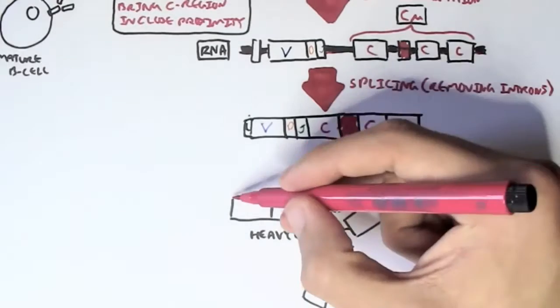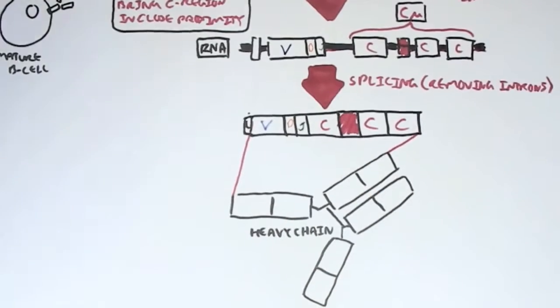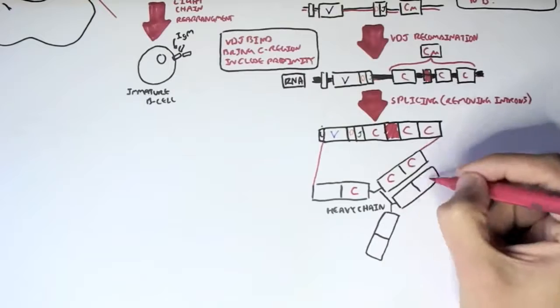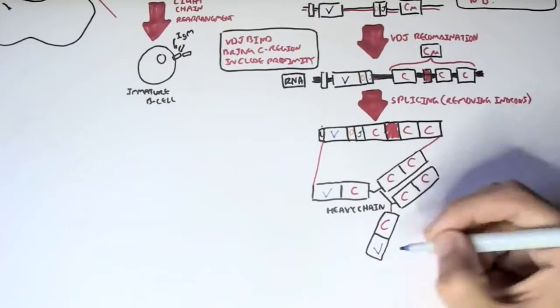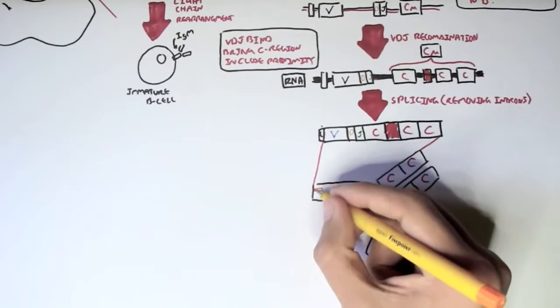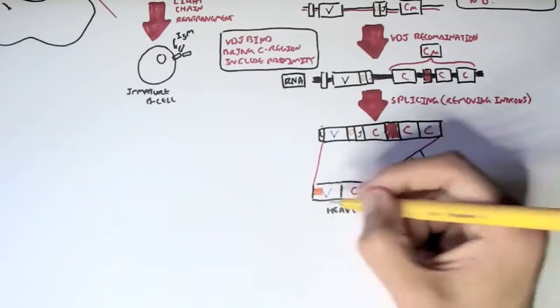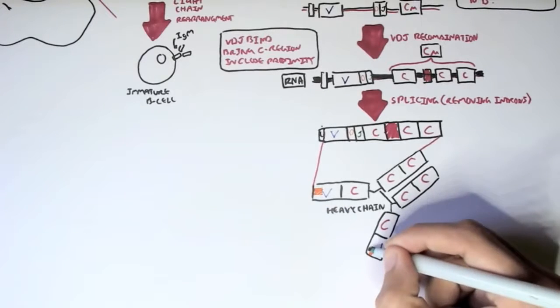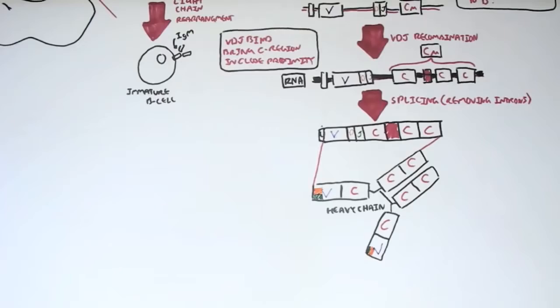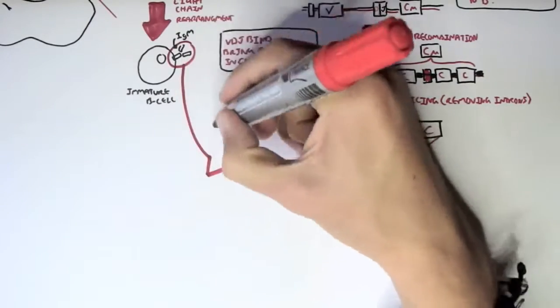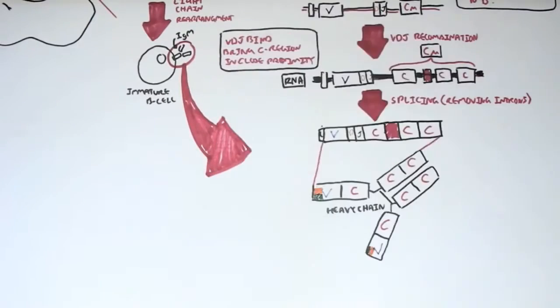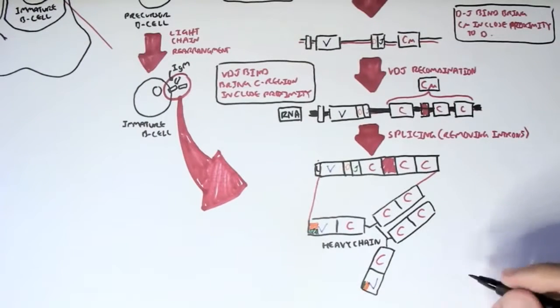And now this is essentially the protein for the heavy chain of the antibody. Unfortunately, the D and J regions I'm drawing here in orange and green are drawn incorrectly. They're supposed to be on the other side, on the opposite side. But that's just a minor error. Anyway, this antibody is essentially this IgM antibody we find in this immature B cell.